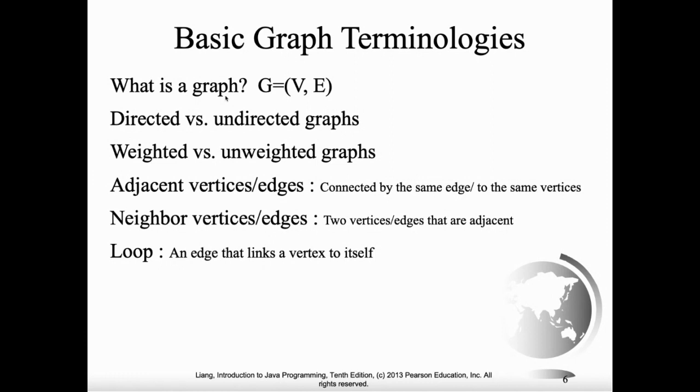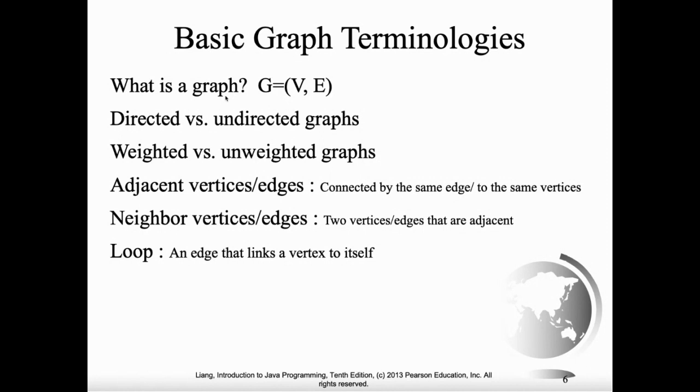Adjacent vertices are both connected to the same edge, the two sides of the same edge. And adjacent edges are also connected to the same vertex, so the ends of both edges end at the same node.